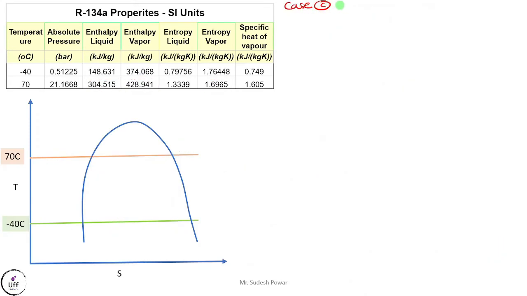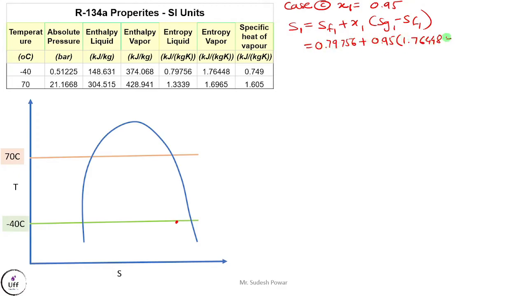That is case C. Dryness fraction at the entry to the compressor is 0.95. So again to check the point number 2, we need to see the entropy at point number 1. If you do this calculation, you are getting the entropy at point number 1 as 1.7161 kilojoule per kg Kelvin.